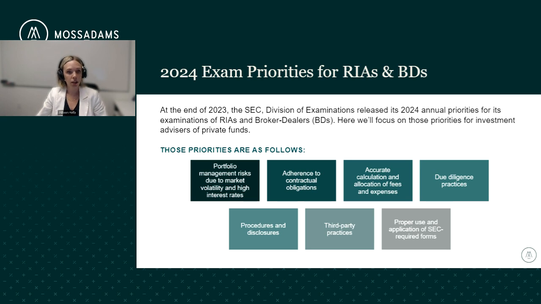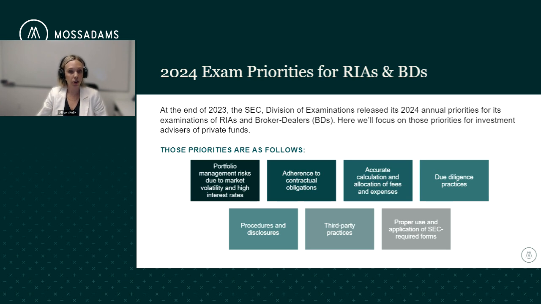Then, a focus on accurate calculation and allocation of private fund fees and expenses, both at the fund level and the investment level, including valuation of illiquid assets, calculation of post-commitment period management fees, adequacy of disclosures, and potential offsetting of any such fees and expenses.